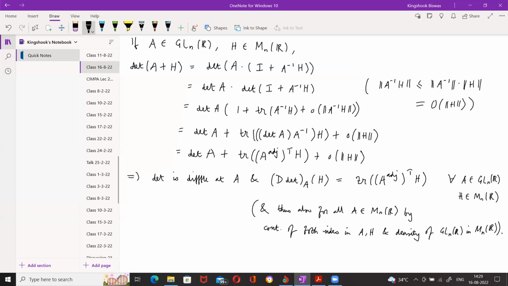Or if it's a function from R^n to R, then in terms of the partial derivatives, del f del x_j. But in this case, it would be meaningless to compute the partial derivatives of the determinant, right? That gives you no information about what the derivative actually is.